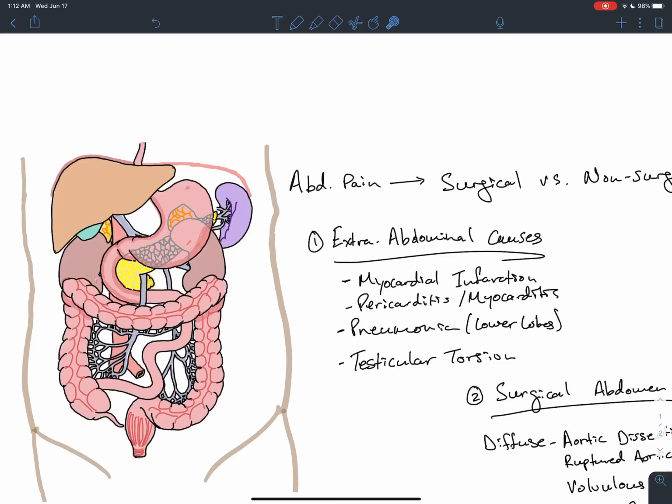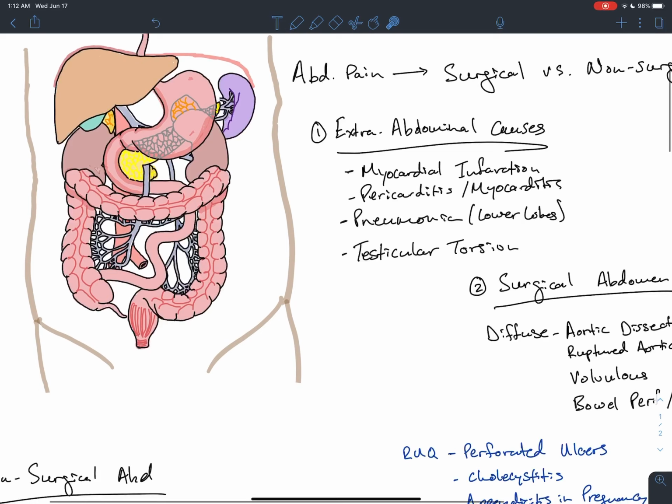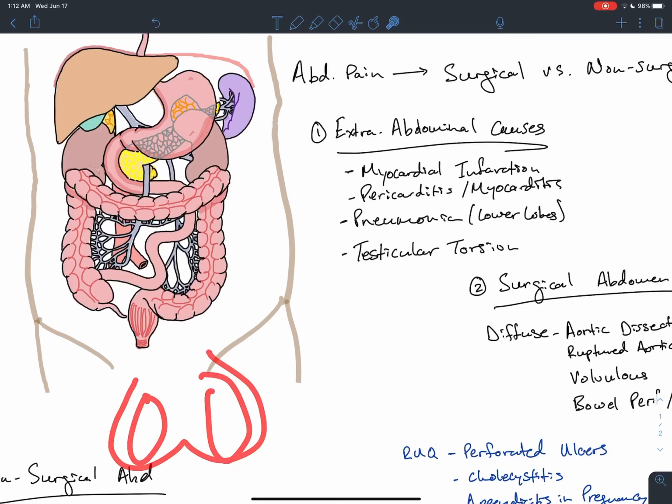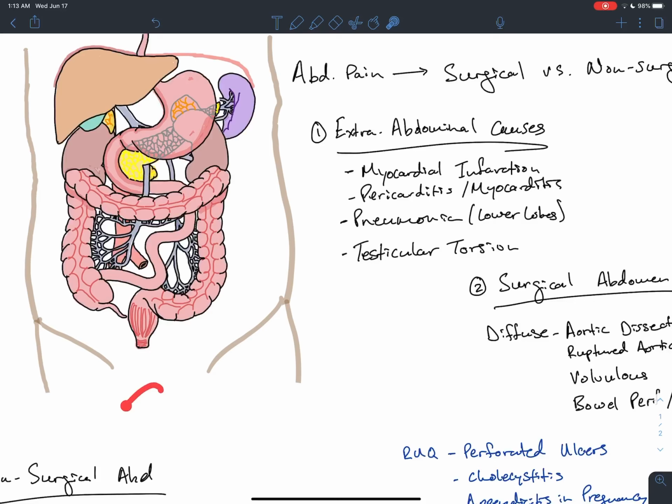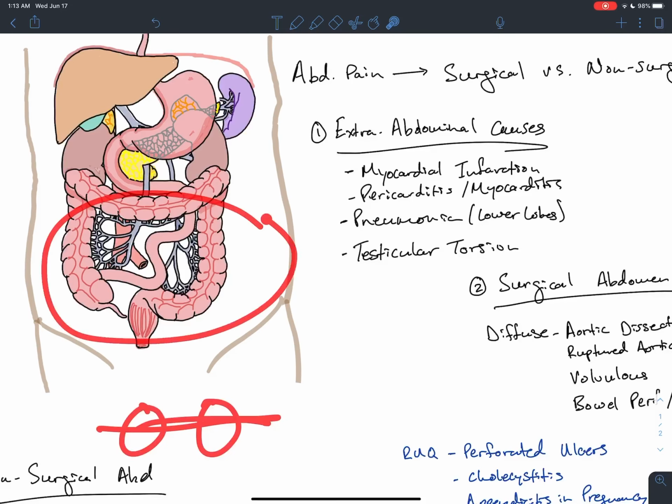And then lastly, for the extra-abdominal causes we're going to be talking about in this course, is testicular torsion. If we think about the scrotum down here, your testicles sit in the scrotum, and then you have your penis and all that. But the testicles actually descended from inside the abdominal cavity, and so if anything happens to the testicles, you're going to feel it up here.